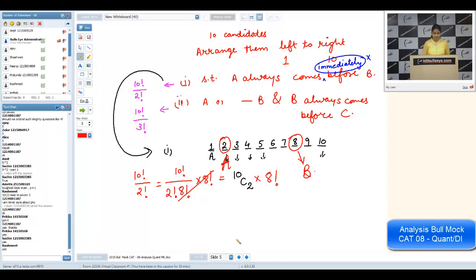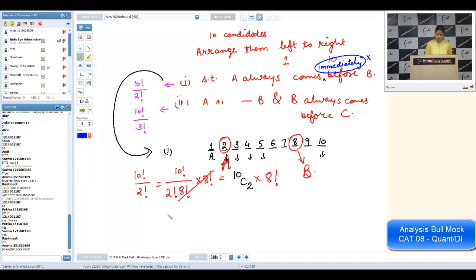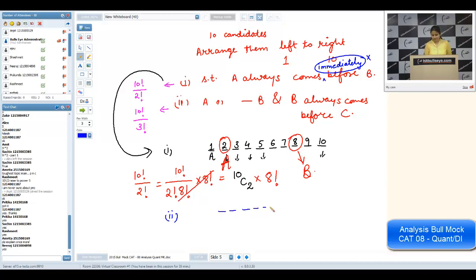Okay, very good. Now I can apply the same logic for the second part. Okay, Amrita, I'm taking the second part now. Now again, there are 10 places. What is the condition? A always comes before B and B always comes before C. So in this case, I am selecting 3 out of these 10 places. Suppose I have selected these encircled places.